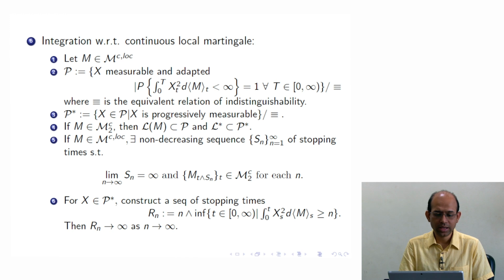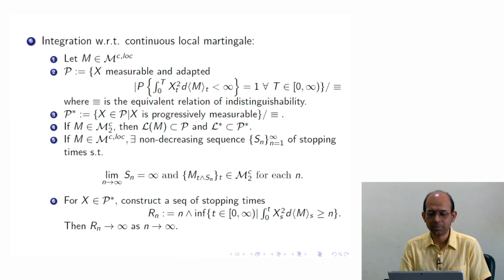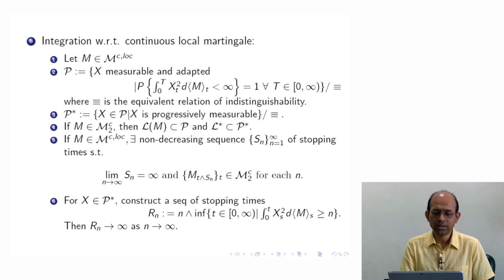The next result is that for X in P star, as it is defined in the third point, construct a sequence of stopping times. So what is this stopping time? We are considering the integral of X squared d<M>_s from 0 to t, and when it is more than n. You understand that we are looking at this criterion, that it should be finite with probability 1.